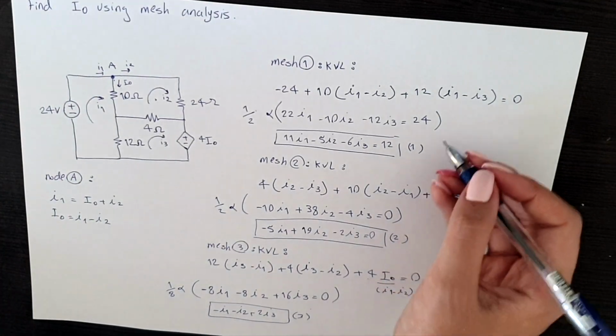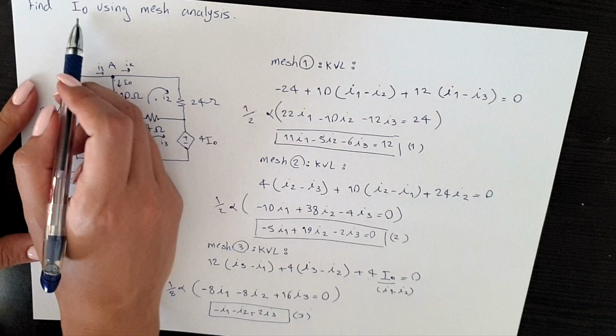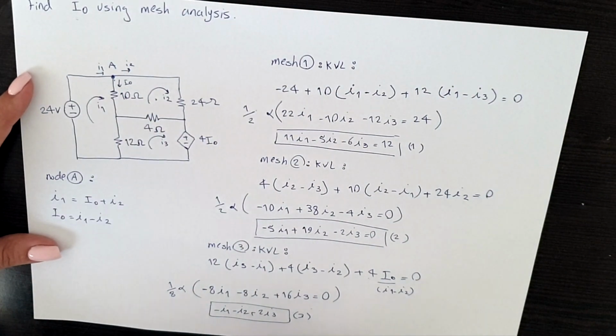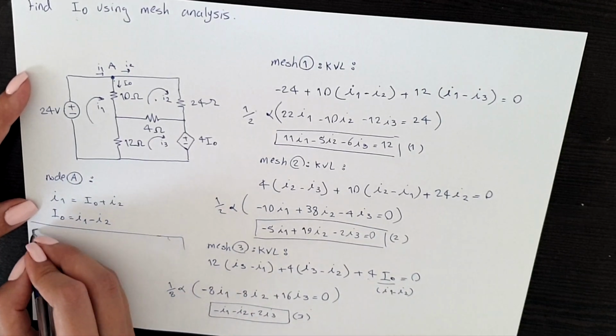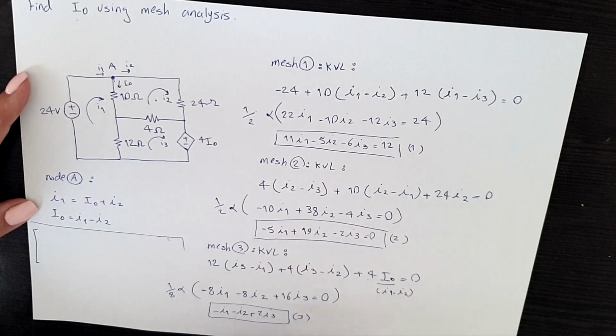And then if we find these three, I1, I2, I3, we can easily find I0, which is what the question is originally asking us to find. So I write the matrices for these equations. We say I1, I2, I3, so we have them all in the same order.